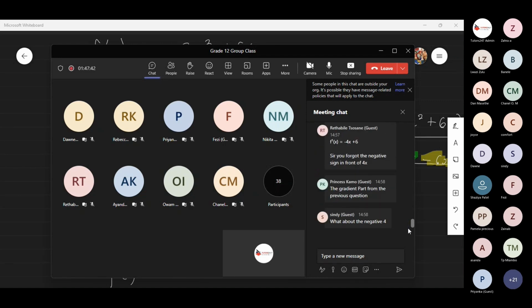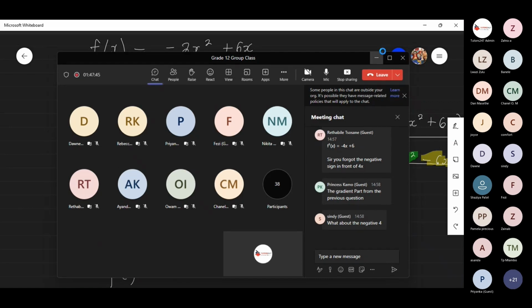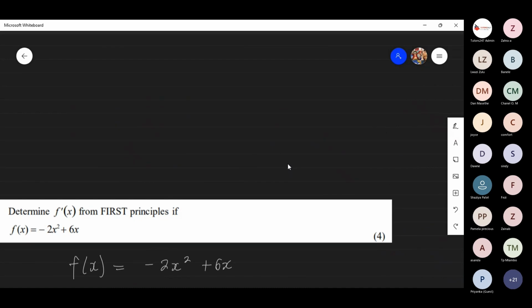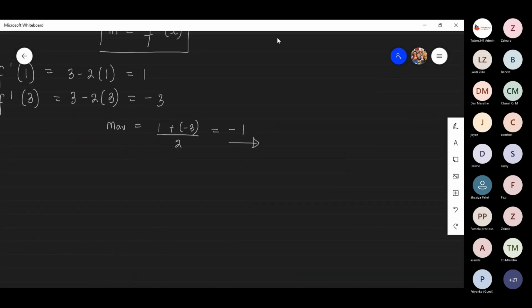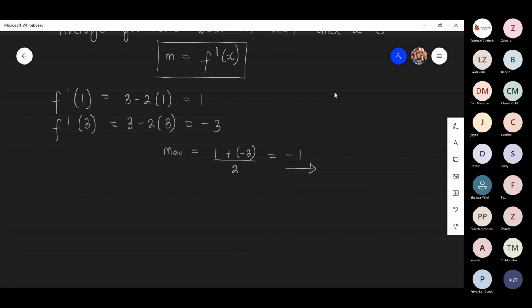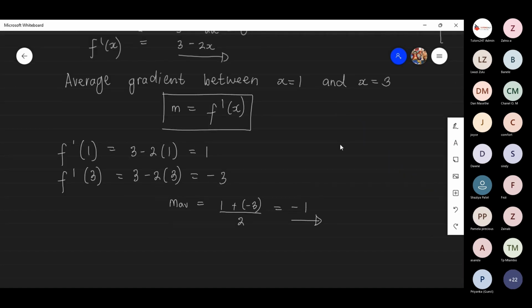Let's see. The gradient part from the previous question. Okay, so because they mentioned average gradient, all I did was I found the gradient at 2 points. We previously found the gradient at 1 point, so it's something that we've been doing.